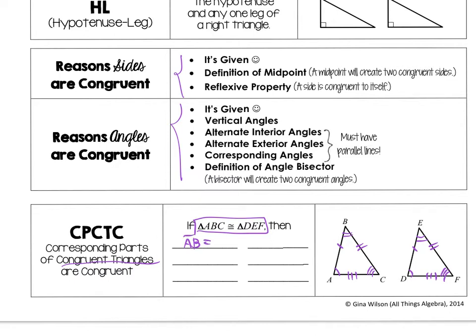So to be more specific, AB is congruent to DE, and AC is congruent to DF, and BC is congruent to EF. And angle A and angle D are congruent. Angle B and angle E are congruent, and angle C and angle F are congruent.